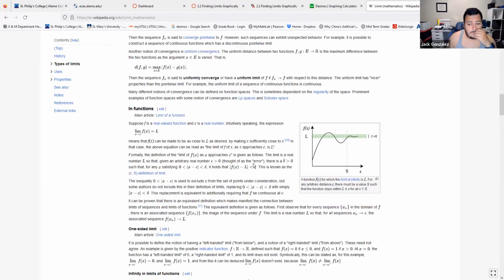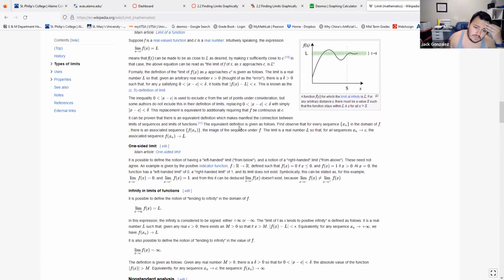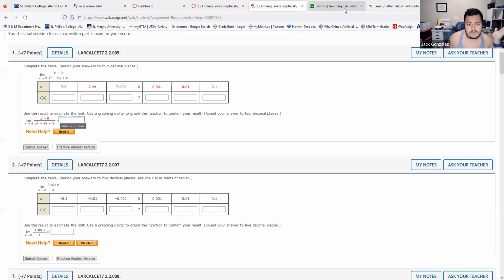Similar definition, right? Basically, as your function approaches some epsilon, the limit will approach within some delta range. Reading this definition in the book can be a little intimidating, but it's not too bad, right? You just told me right now that you understood it.